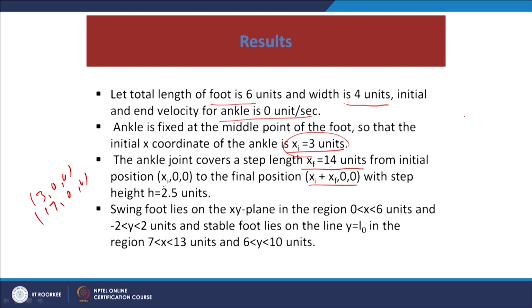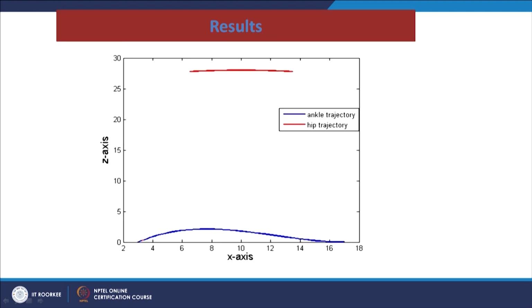Similarly, according to the length and width of the foot, they are placed in this particular region. The rectangles in which they are placed are given by these measurements. So, this is the simulation for the given data. The hip is moving in this particular manner.